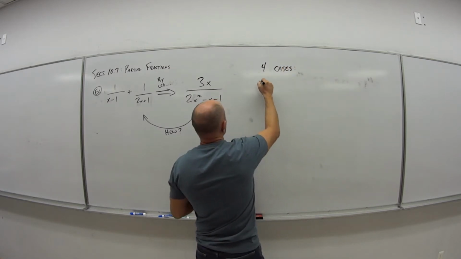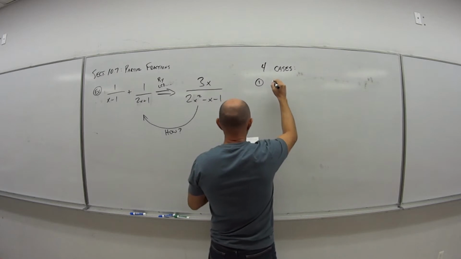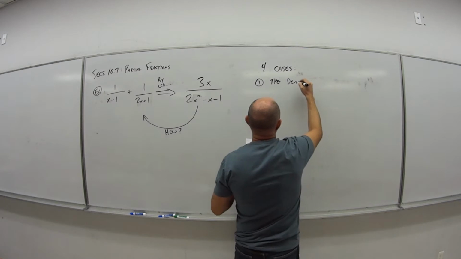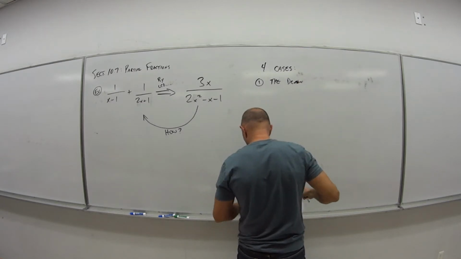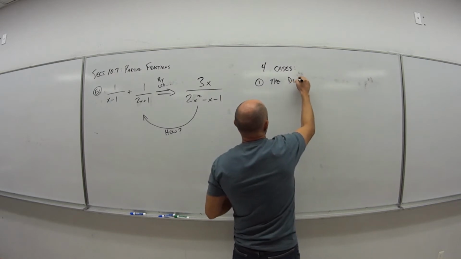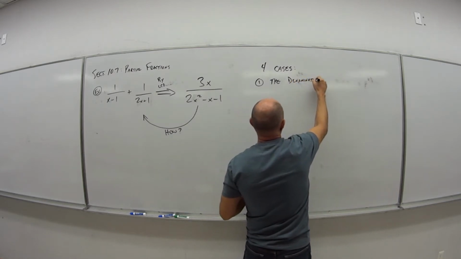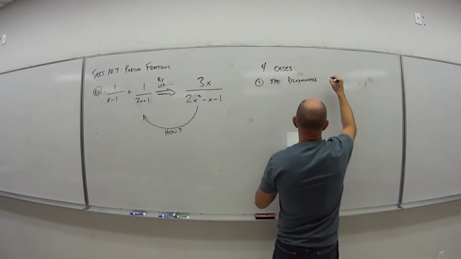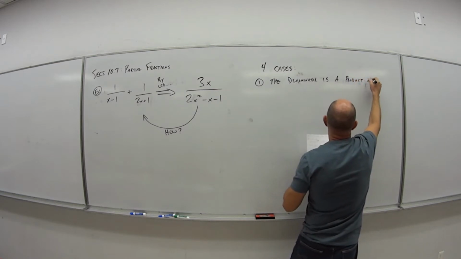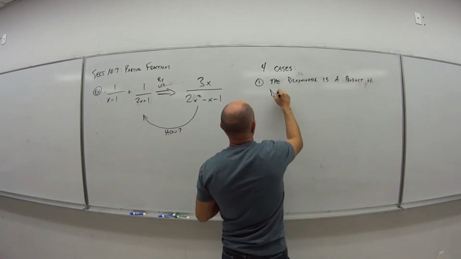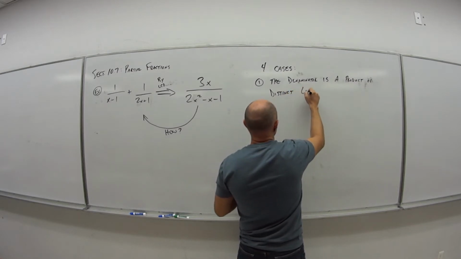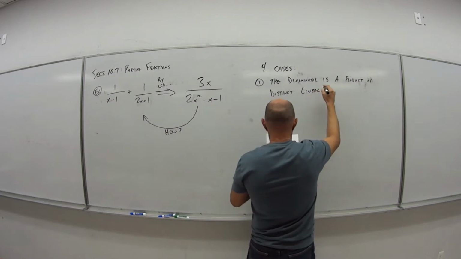The first case is that the denominator is a product of distinct or unique linear factors.